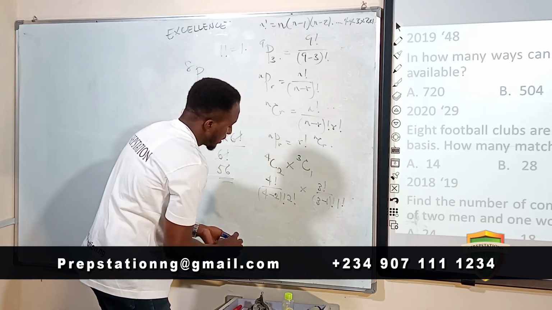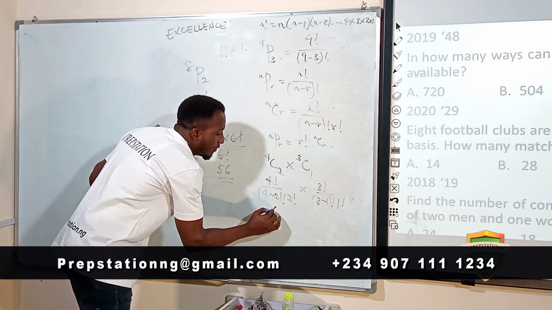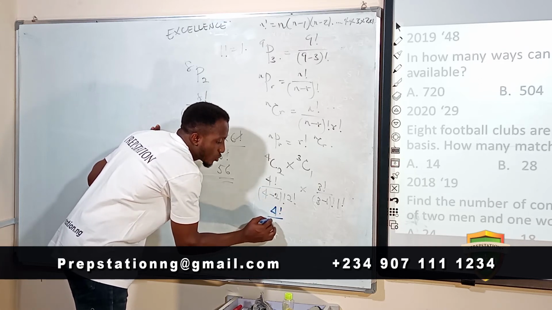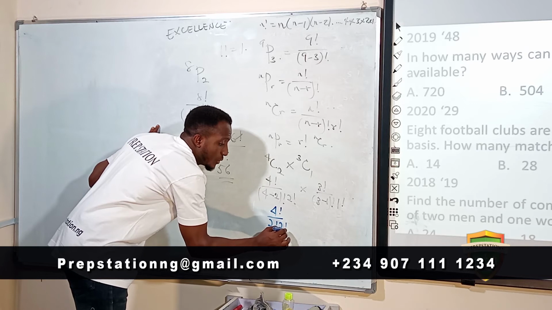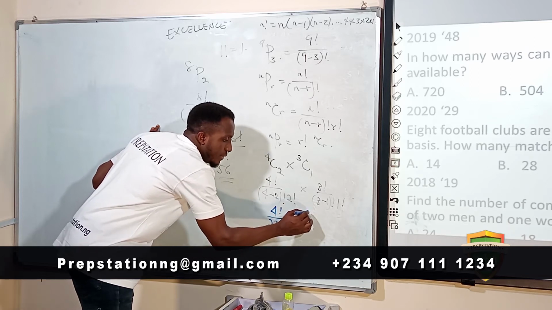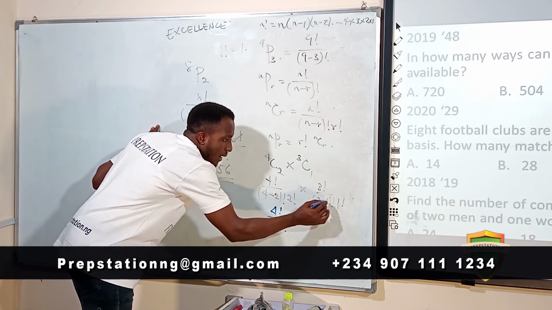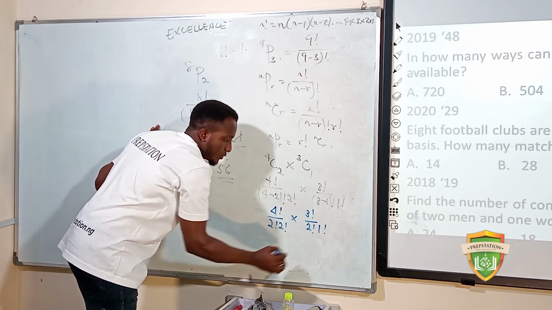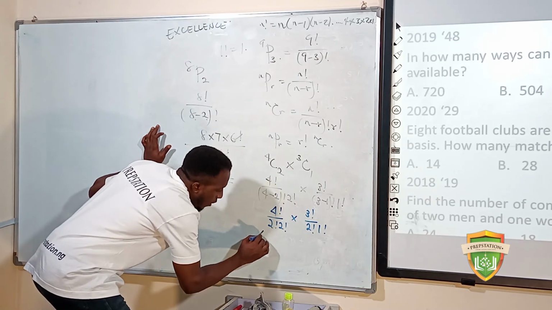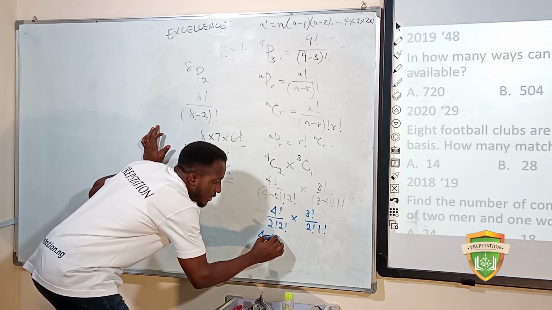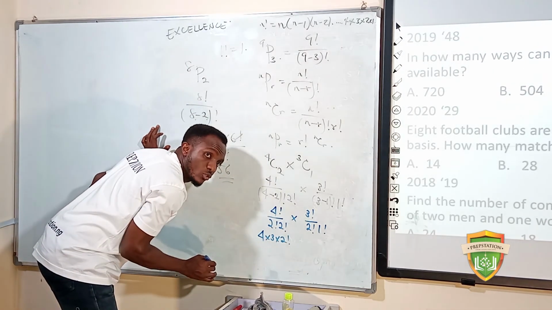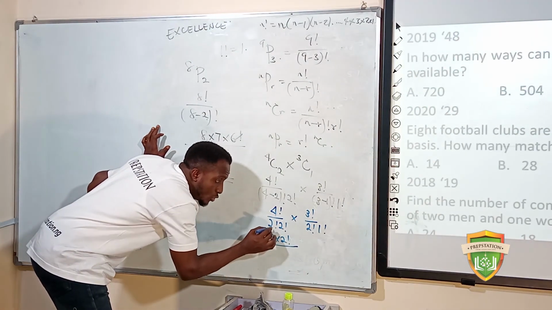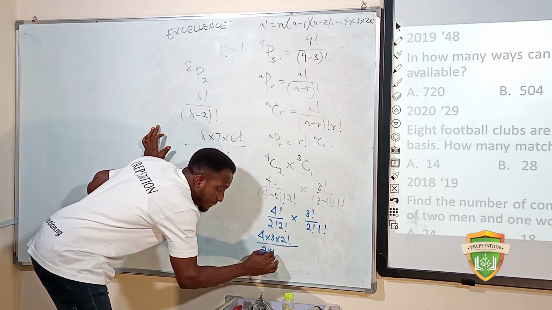Now let's go. So this is 4 factorial over 2 factorial, 2 factorial, times 3 factorial over 2 factorial, because 3 minus 1 is 2, right? 1 factorial. So this is 4 times 3 times 2 factorial, because there is a 2 factorial down there, over 2 factorial, which is 2 times 1, right?